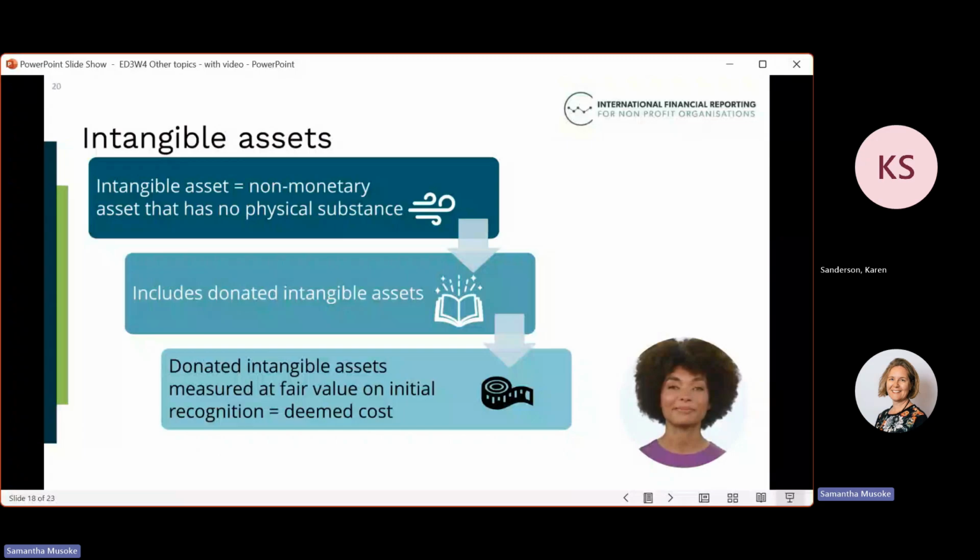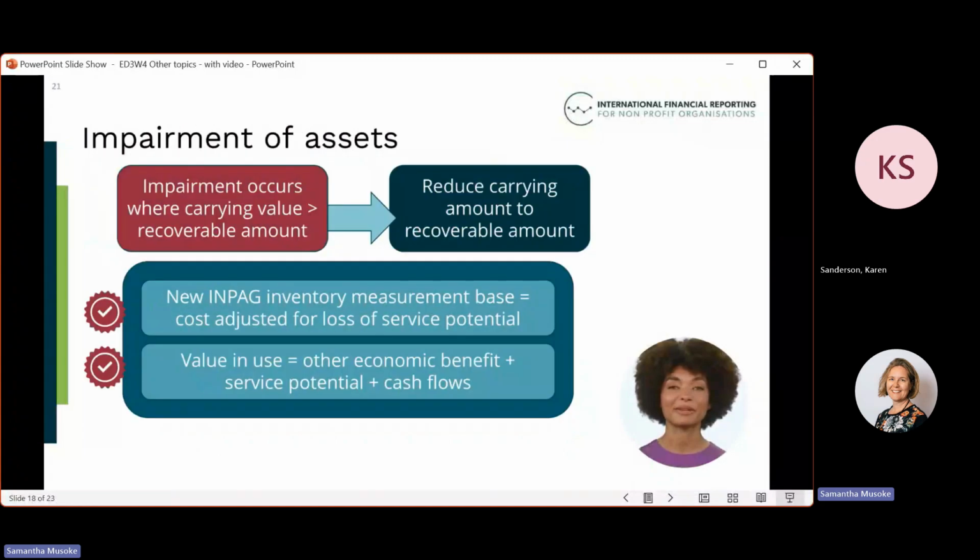Section 27 provides guidance on the impairment of assets. An impairment occurs where the carrying amount of the asset is higher than its recoverable amount. In these situations, the carrying amount is reduced to the recoverable amount. In INPAG, the recoverable amount takes account of other economic benefits and service potential, as well as any cash flows from the asset.